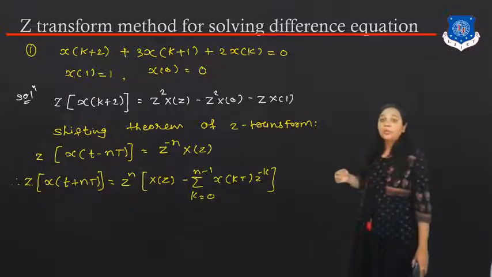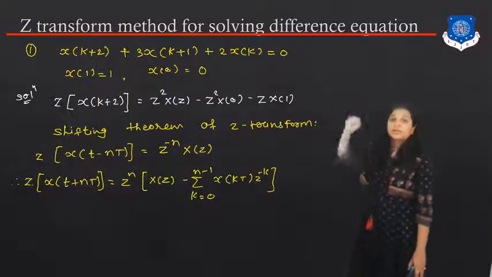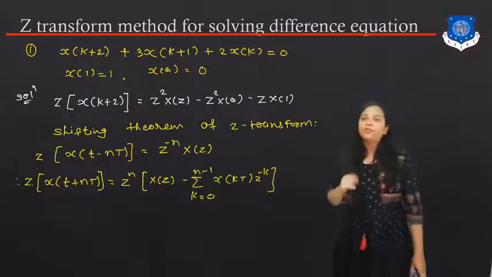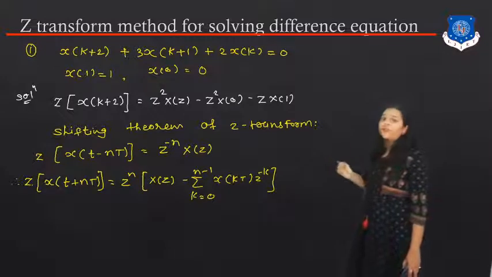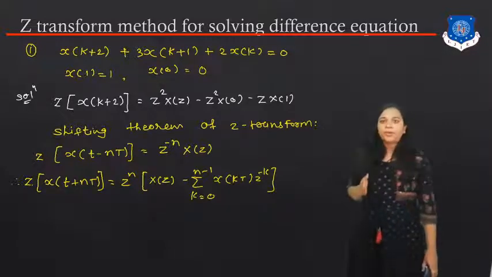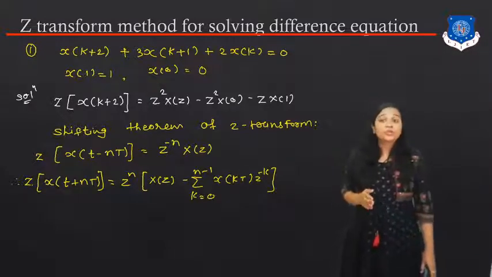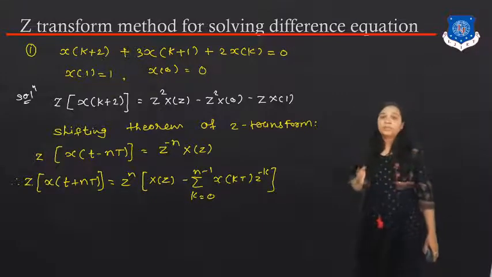So here you can see that in our equation we are given x(k+2). So simply we can write Z of x(t + nT). What is the equation for t + nT?